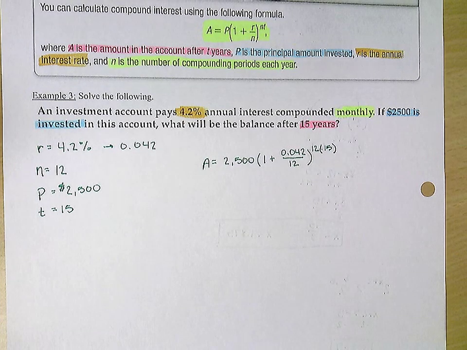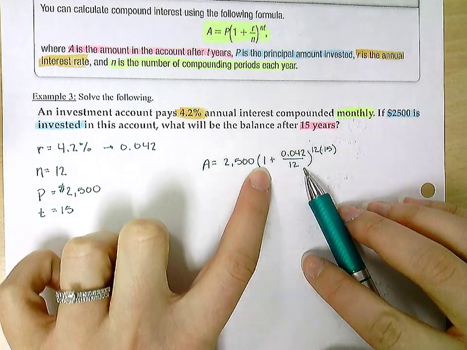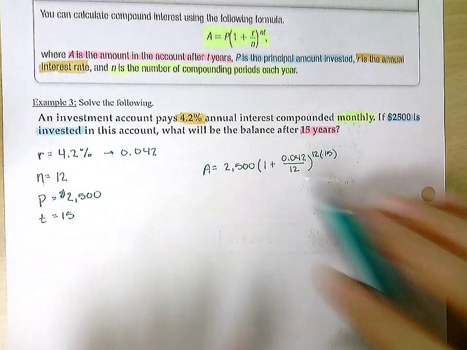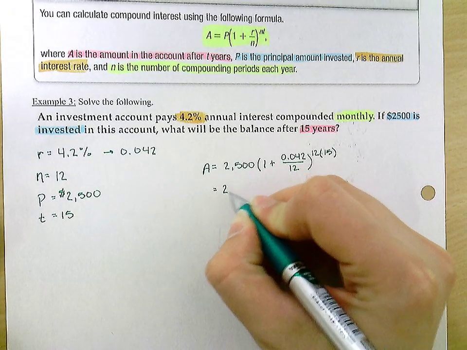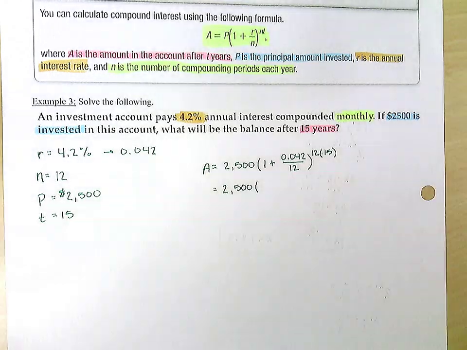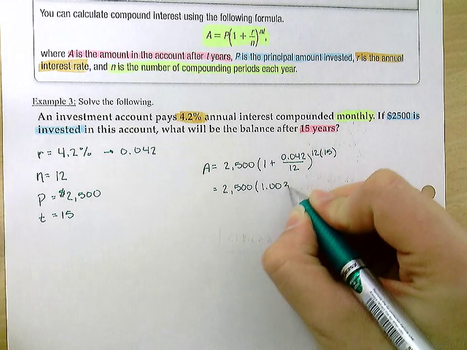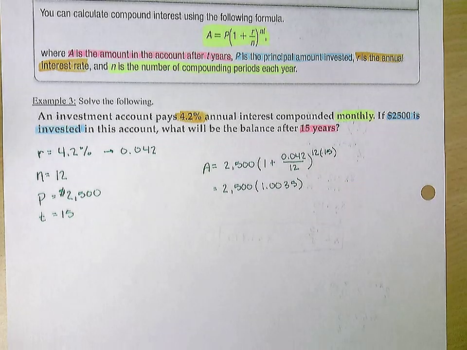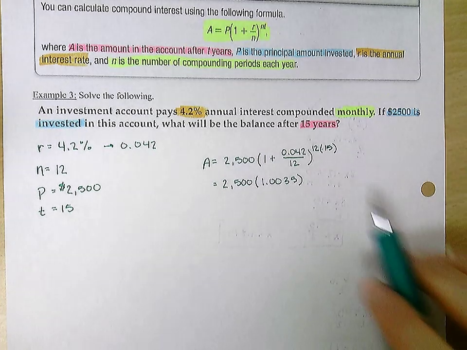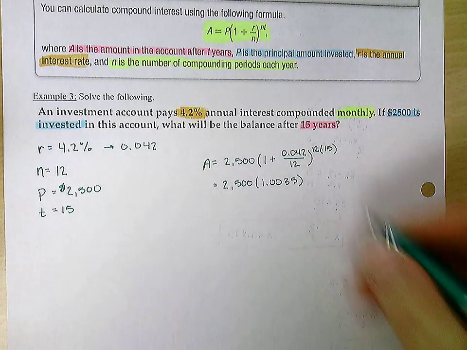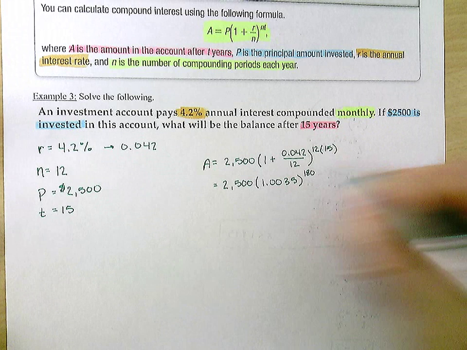Now I would be careful entering this into your calculator all at once. What I suggest you do is enter what's in your parentheses first: 1 plus 0.042 divided by 12. That's what I did. So I have 2,500 times 1.0035, and I just rounded, I believe. And then I multiplied 12 times 15 to get that bigger power, which is 180.